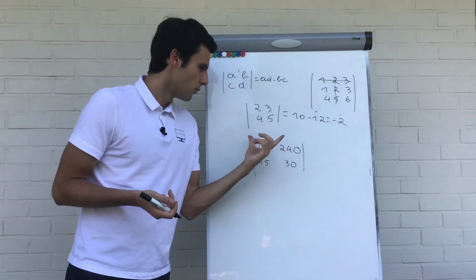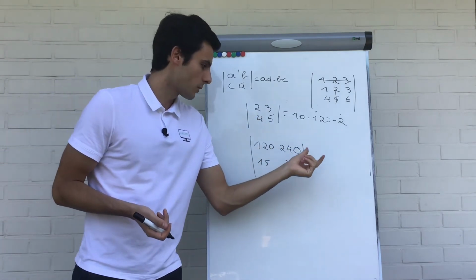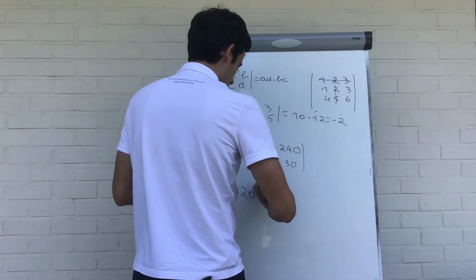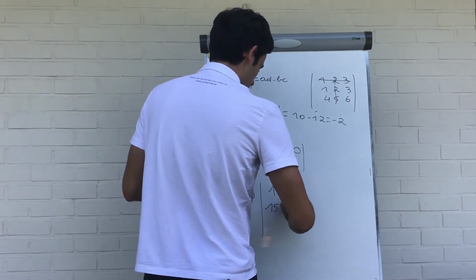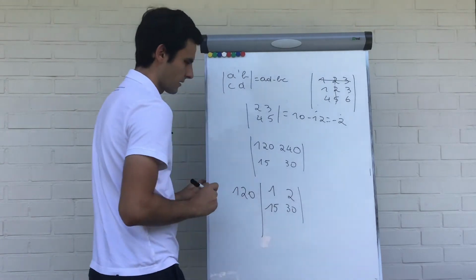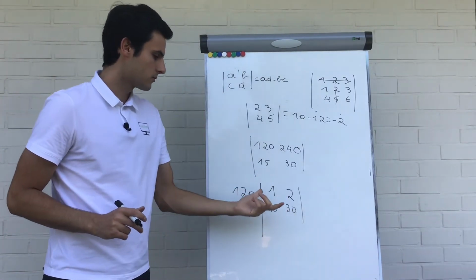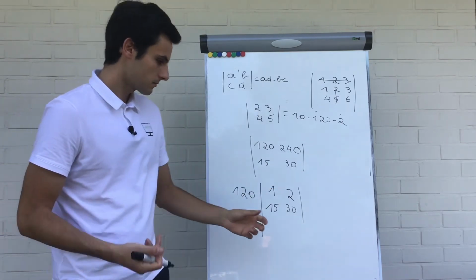But what you do, these two are multiples of 120. So you can put 120 in front of it. So you get 120 times the determinant of 1, 2, 15, 30. So now you see 1 multiplied by 30 minus 30 is 0. 120 times 0 is still 0.